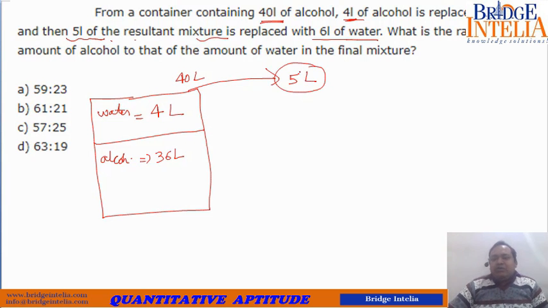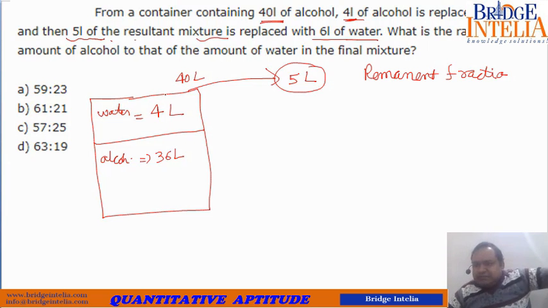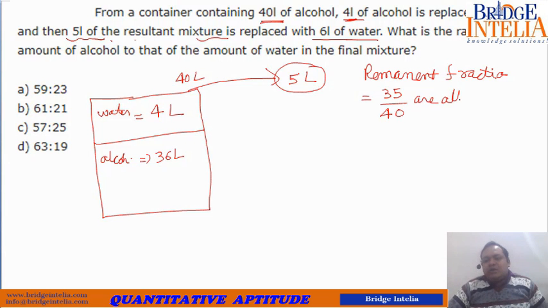If you take out 5 out of 40, what is the remnant fraction? 35 out of 40 is allowed to remain behind. 35 parts out of 40 parts are allowed to remain behind in the bucket.